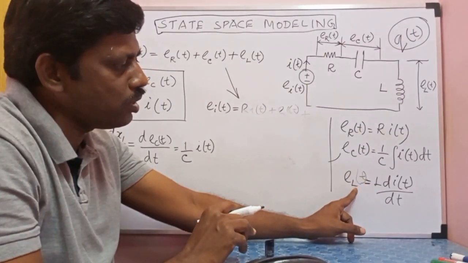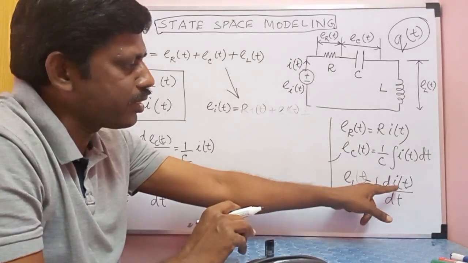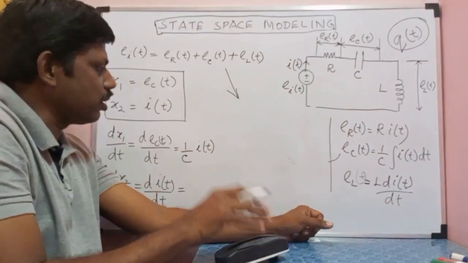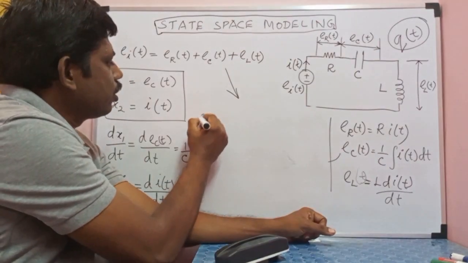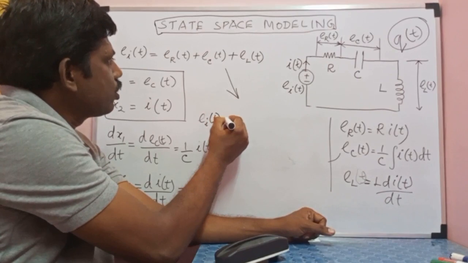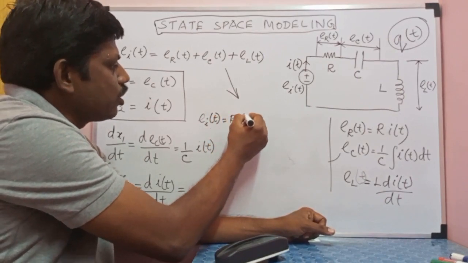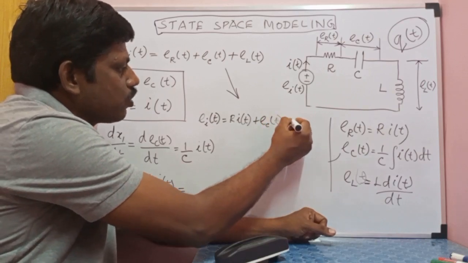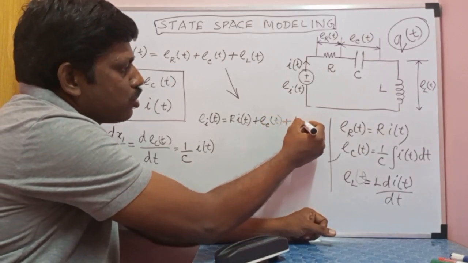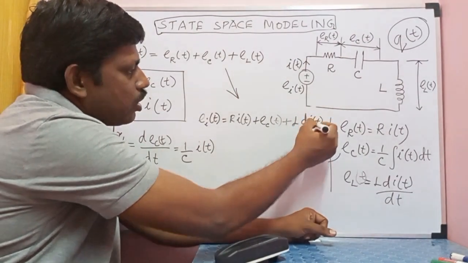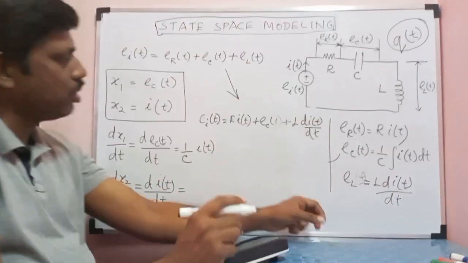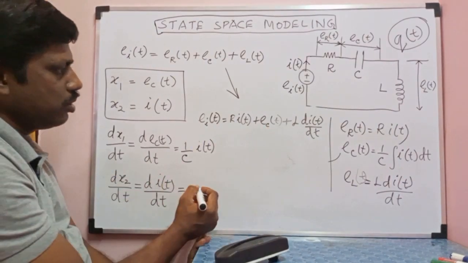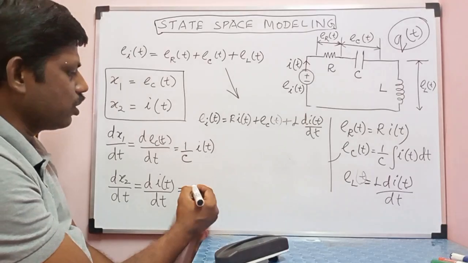Instead of E_L of t, I can write L into dI of t by dt. So E_I of t is equal to R into I of t plus E_C of t as it is, because it's a state variable, and L into dI of t by dt. So can I get this dI of t by dt from this equation? Yes, I can.